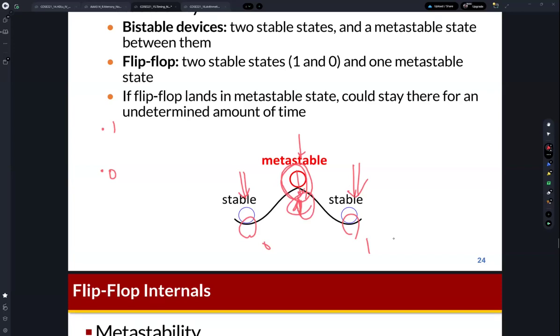It is like a hill. If we drop the ball on the top of the hill, we can observe that the ball can go to this side or this side. But unfortunately, sometimes if we drop the ball on the hill, the ball can stay on the top of the hill. This is similar to the metastability of the circuit.